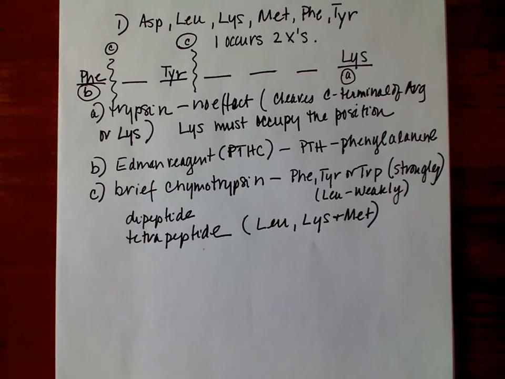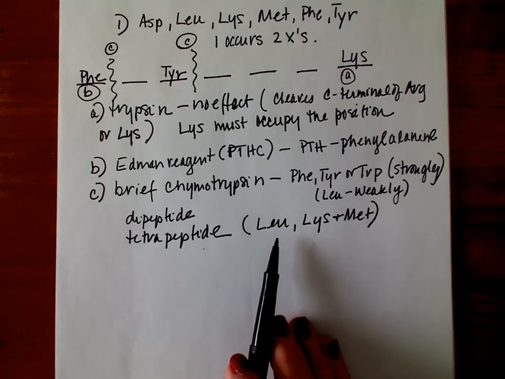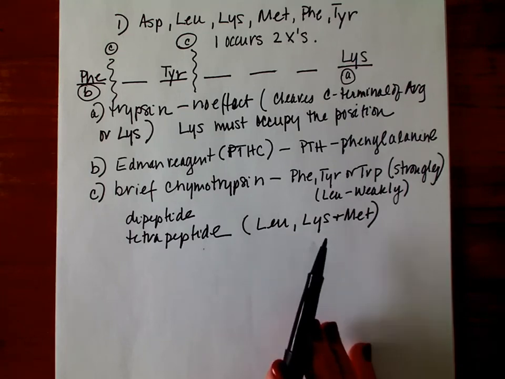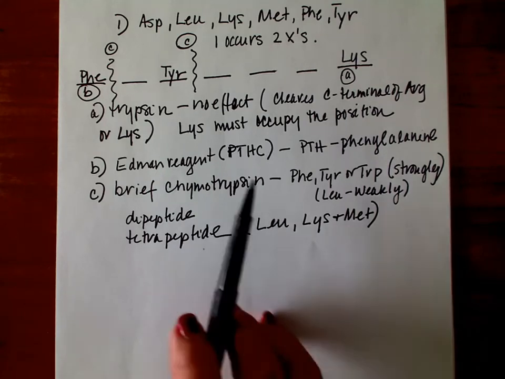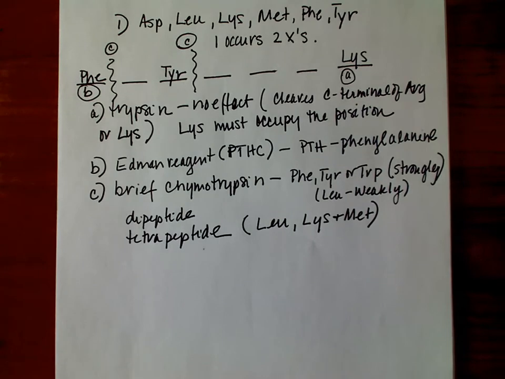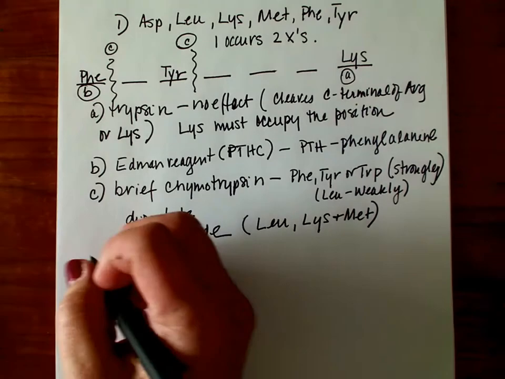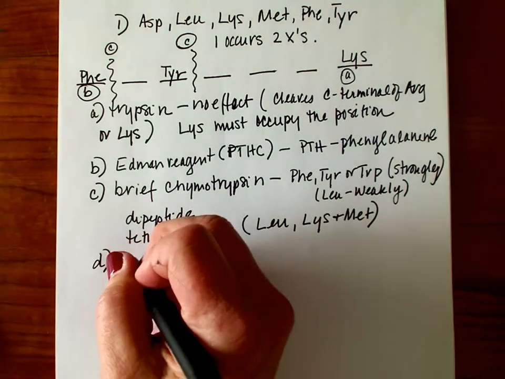So I think that's all the information we can glean here. The tetrapeptide did not contain phenylalanine or tyrosine, so it has to come from a C-term cleavage at position 3, which is what we have here. Okay? And in D, we treat with cyanogen bromide.